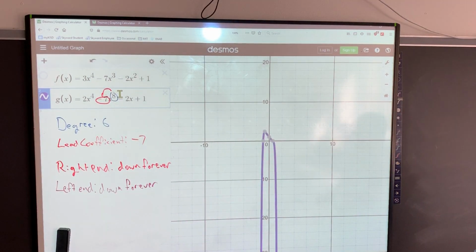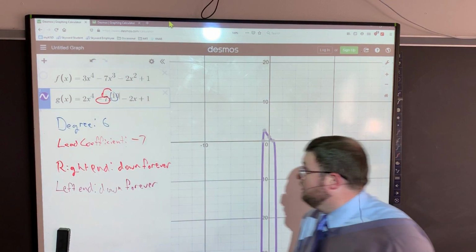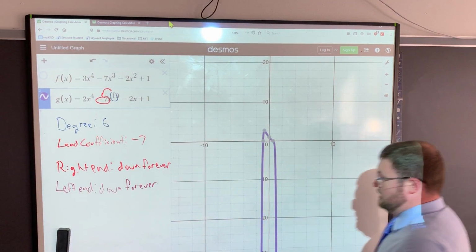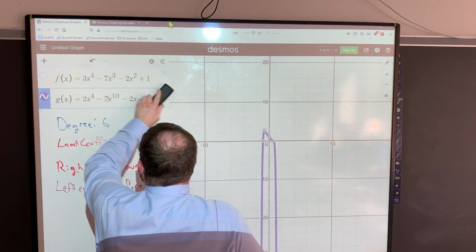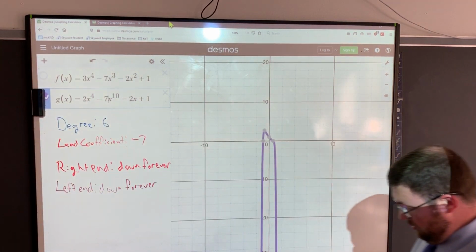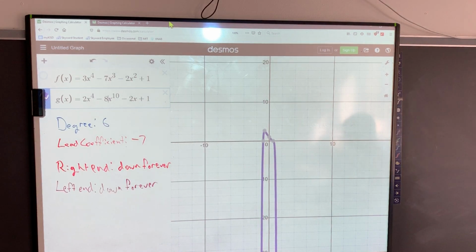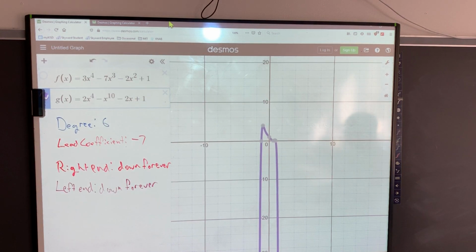As long as that highest exponent is still even, then that does not change my end behavior. I can change my leading coefficient to anything I want it to be. As long as that leading coefficient is still negative, so -1, -2, -3, -4, -5, my end behavior does not change.